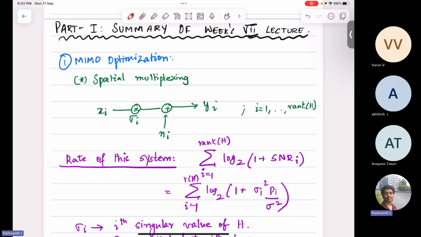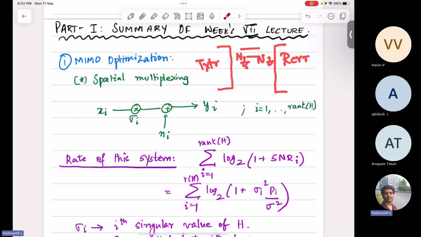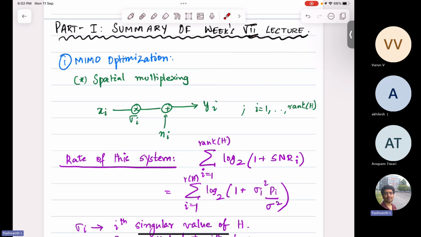In the last TA session, we went through this concept of spatial multiplexing. Spatial multiplexing is a technique in which, if you have multiple antennas at the transmitter, say NT antennas, and a receiver with NR antennas, then what is the number of parallel channels or streams that you can form between an NR cross NT MIMO system?